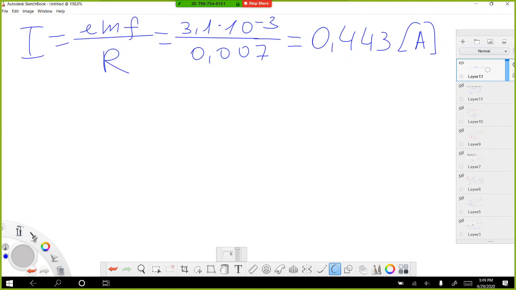Okay, it means that the device which we have discussed here in this problem is an AC generator, alternating current generator.